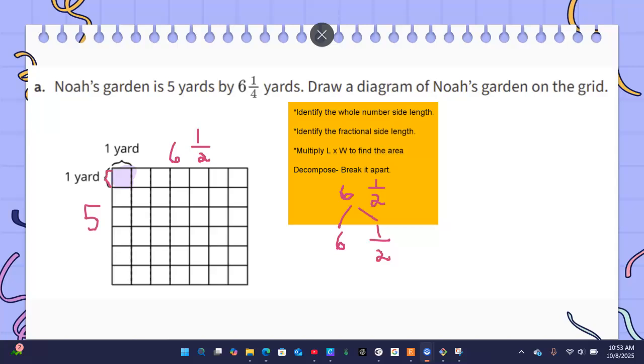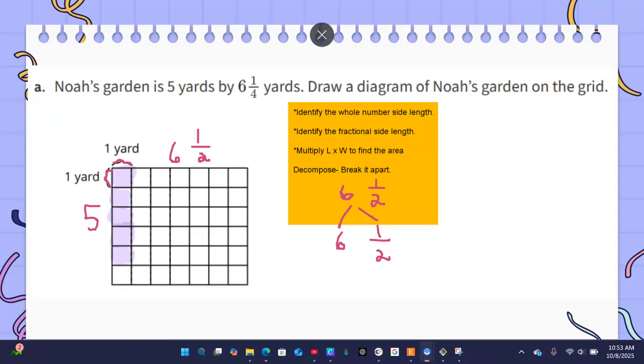This part represents one whole, and this part represents one whole, so that's basically like 1 square unit. If that's 1, we're going to keep going until we get to 5: 2, 3, 4, 5.